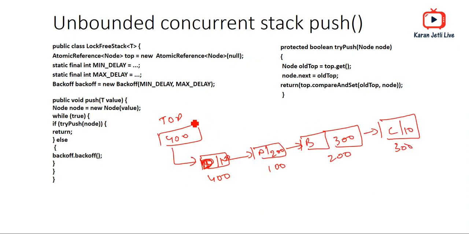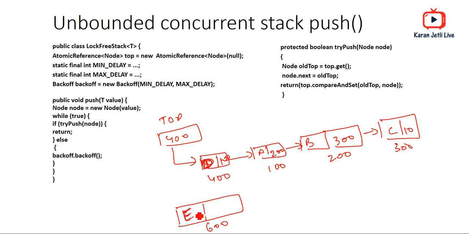So after inserting the element, this is my top. Okay, this is my stack. So let me try one more element. Suppose the value of that is E, and suppose the address of E is 600. Okay, quickly let us do it. Try push value. Okay, so new node, insert the value. So this is the new node.